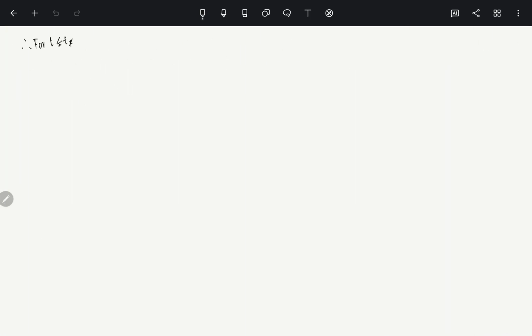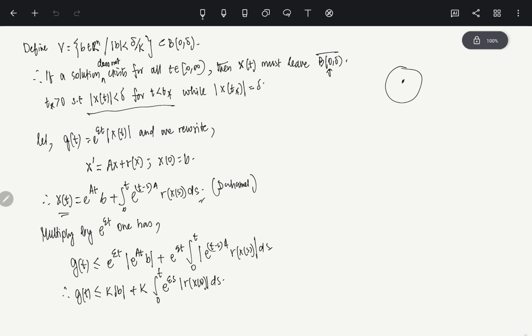So you see, for t less than t star, this term satisfies this particular thing; we can actually bound it.